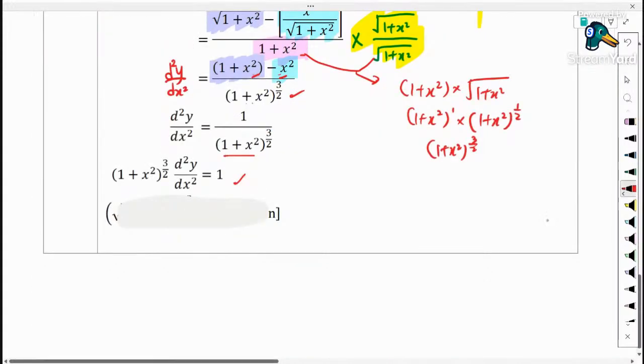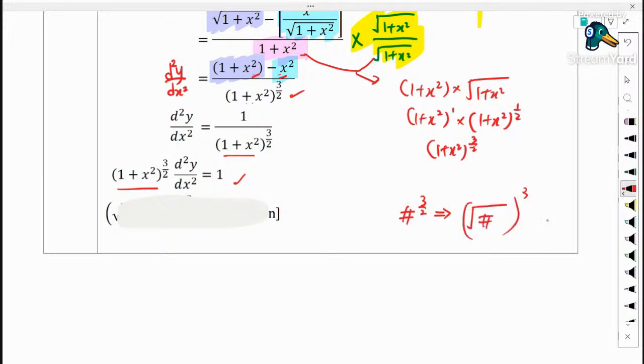Now, how does this convert to the form that we require? If you realize, when you have, let's say, something to the power of 3 over 2, this is actually equivalent to either the square root of that thing, the whole thing to the power of 3, or the square root of that thing to the power of 3.